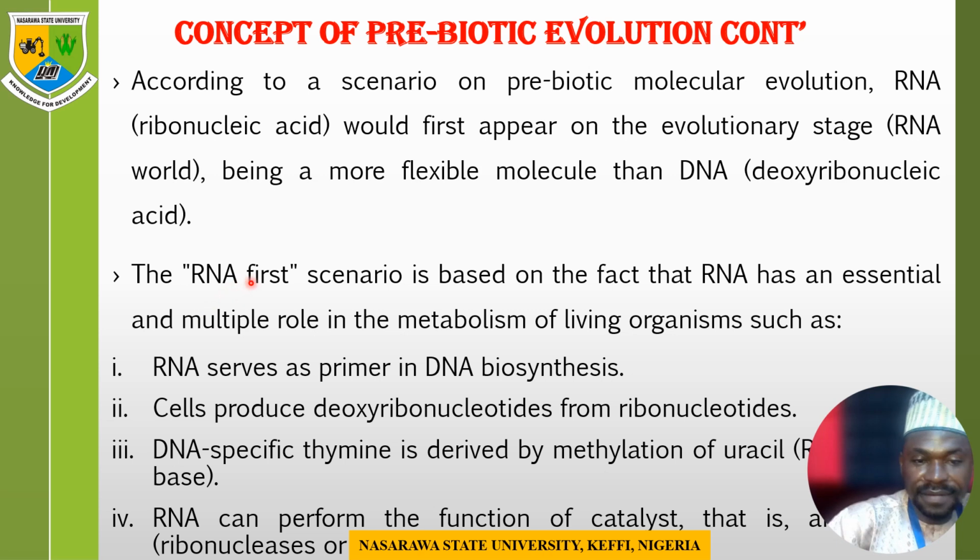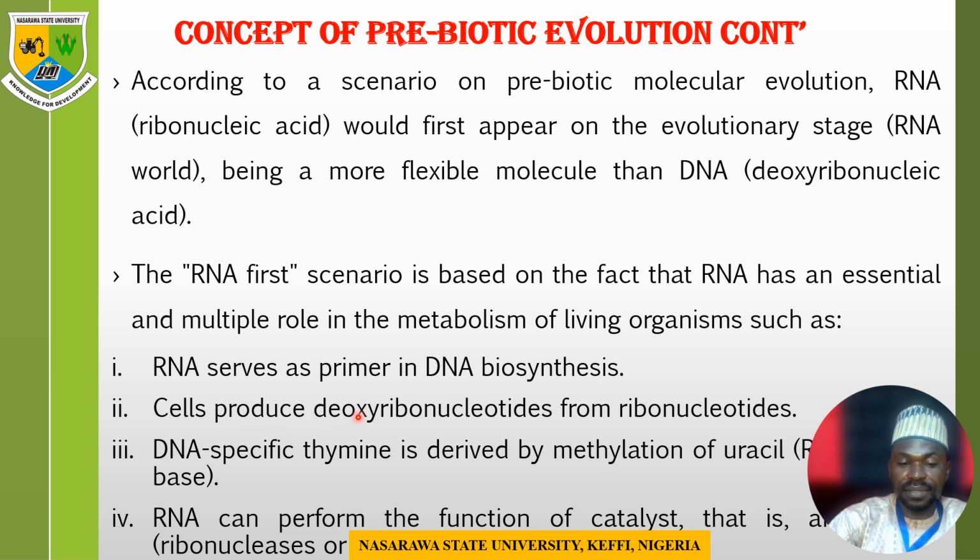This is called the RNA-first scenario. What led to this scenario is the fact that RNA serves as a primer. Primer means a particular molecule that is needed for the formation of another. So DNA is seen to be the genetic material, but for DNA itself to be formed, an RNA primer is required. So that means that RNA will have to come first before DNA.